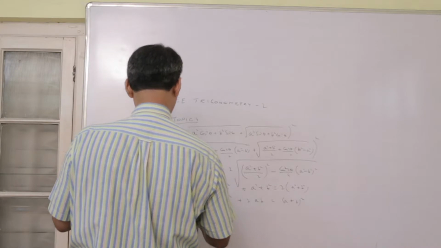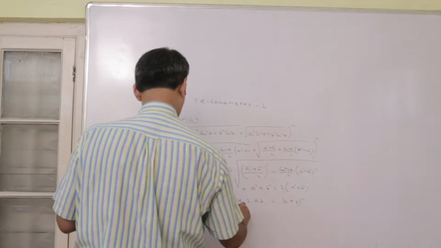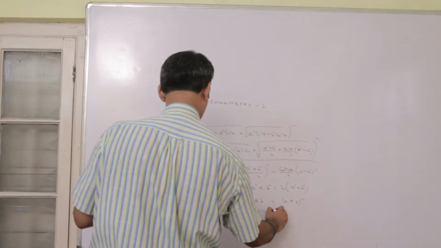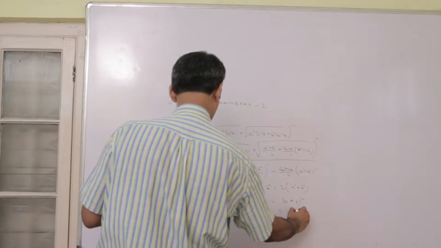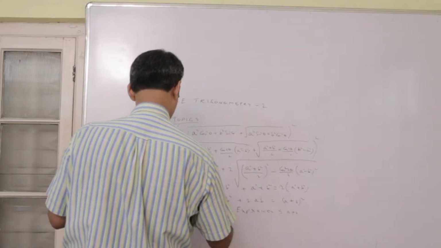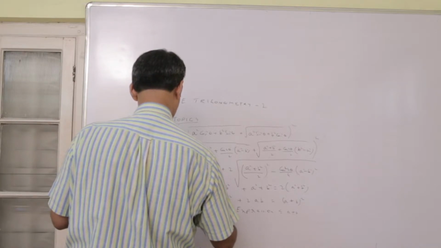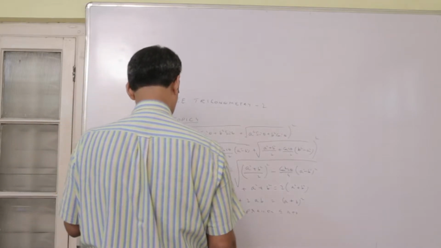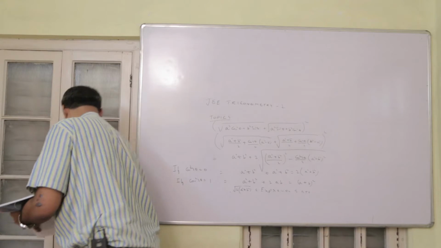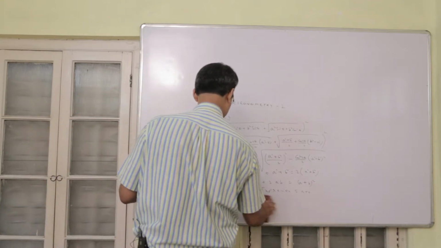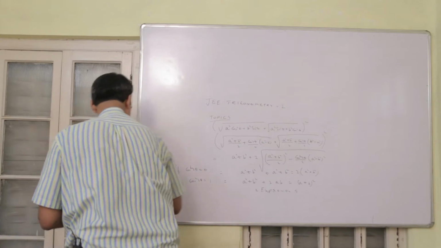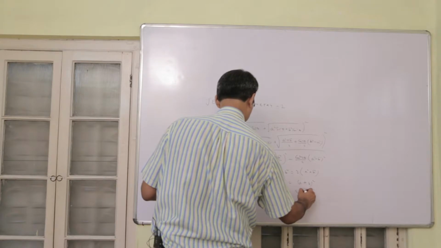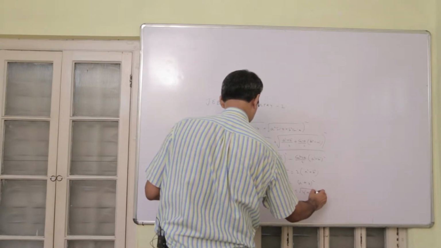So now we can say that the original expression has a minimum value of a plus b and a maximum value of root 2 into a square plus b square.